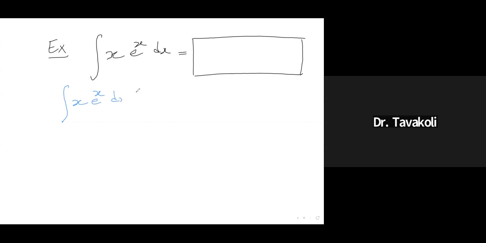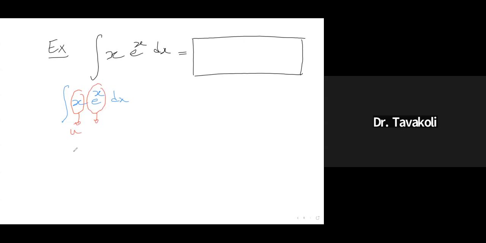This is not an integral that can be done by using substitution, and we need to use integration by parts. So let's take this as u of x and this function as v prime.